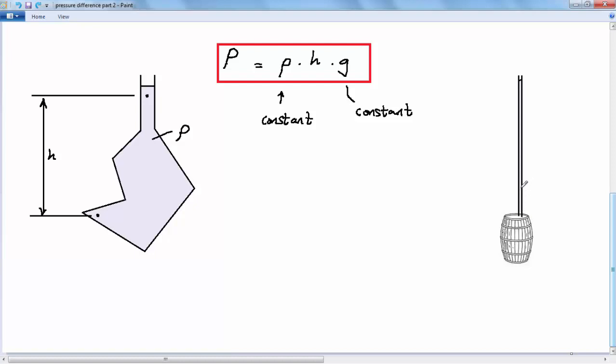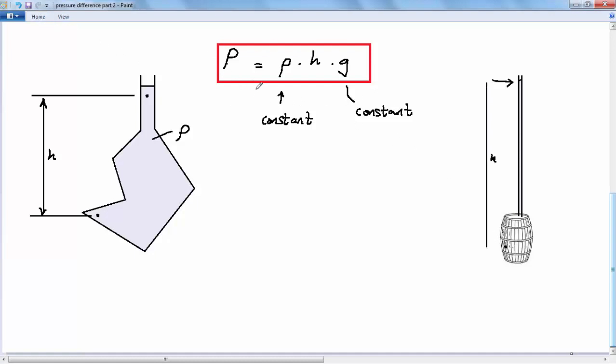Now the tube and the beer barrel are one single container, a bit like this funny shape here. Okay, really, they're just one single container, and then what basically happens is that the pressure difference between, say, that point there and the level of the water here only depends on the difference in height.